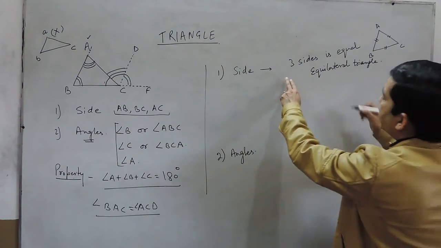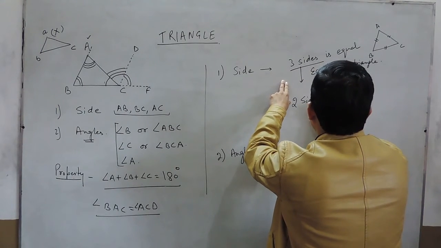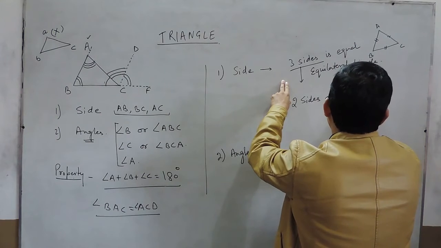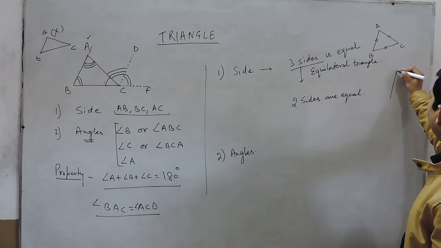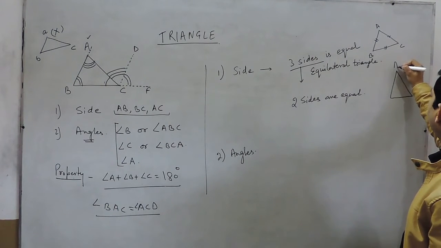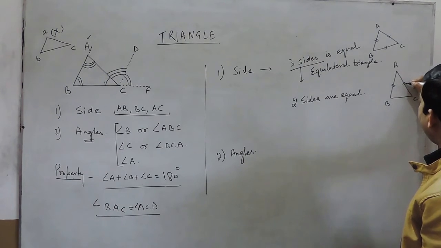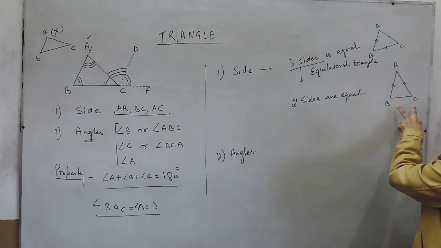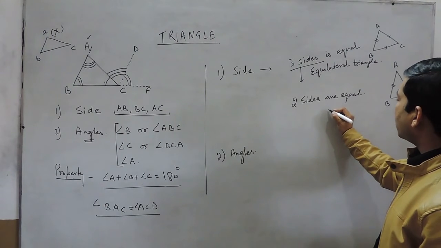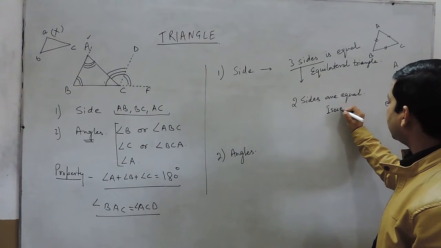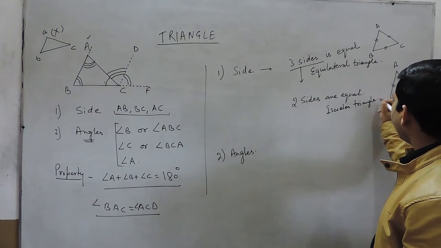If instead of 3 sides, 2 sides are equal in length and the third side is different, we can construct it like this. This is A, B, C. The lengths of AB and AC are both equal, but the length of BC is different from AB and AC. Then this is known as an isosceles triangle.